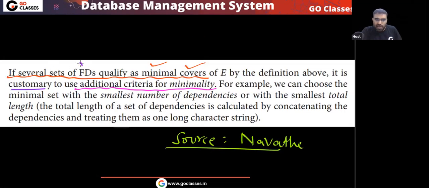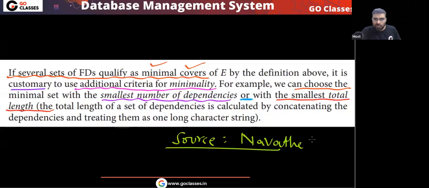So if there are several minimal covers, if you have more than one minimal cover, then an additional criterion can be defined. For example, you can choose an additional criterion like the smallest number of FDs, or you can choose a criterion like the minimum number of attributes. Is this clear? These are some additional criteria you can choose. Please tell me, did you understand the point? Let me know.